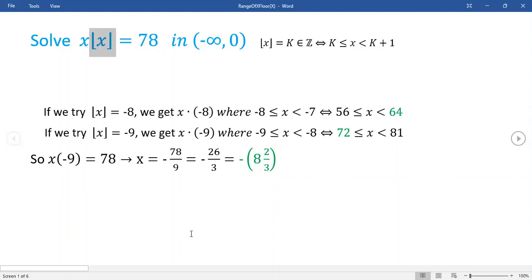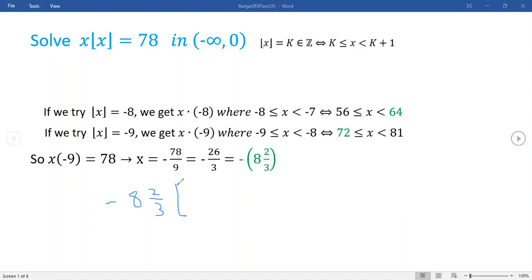All right. Now, just as a check here, let's write down minus 8 2/3 times the floor of minus 8 2/3.